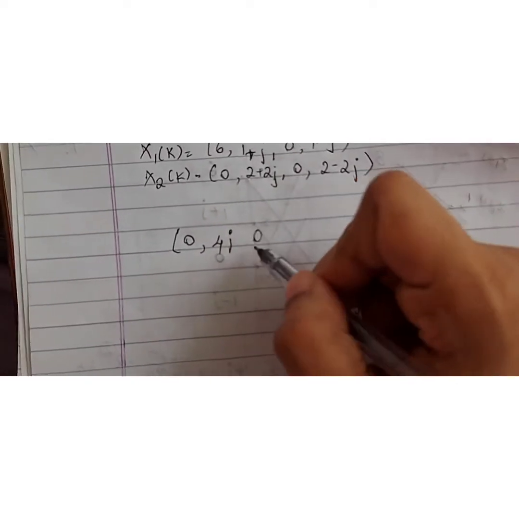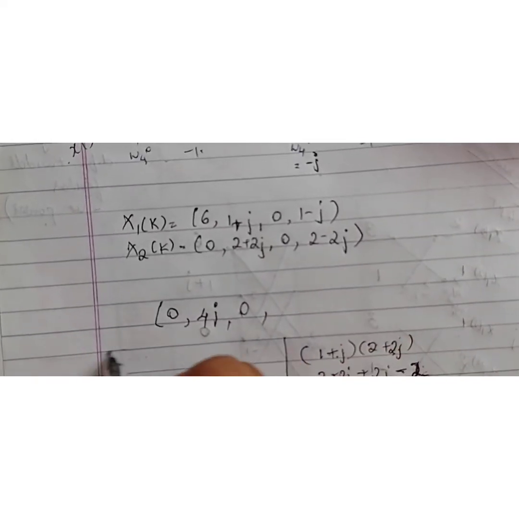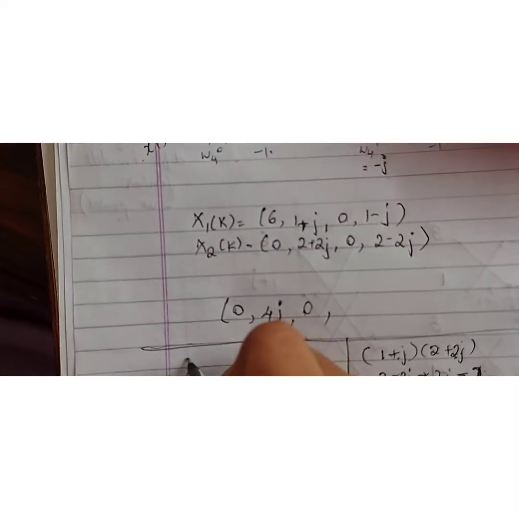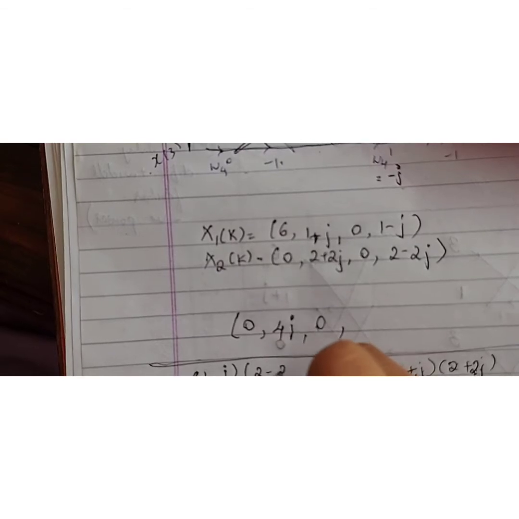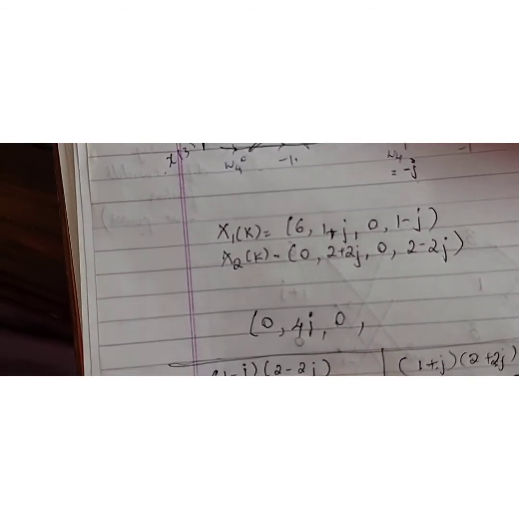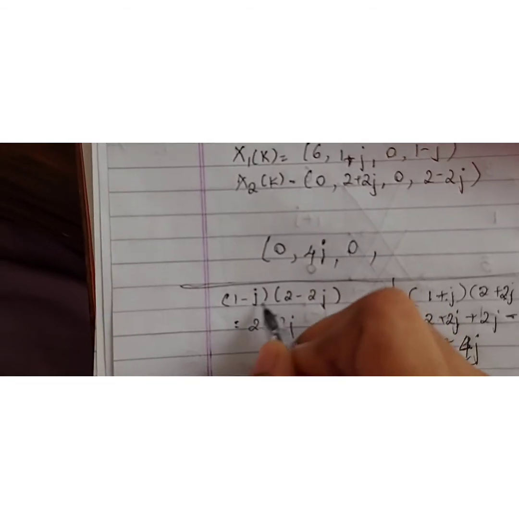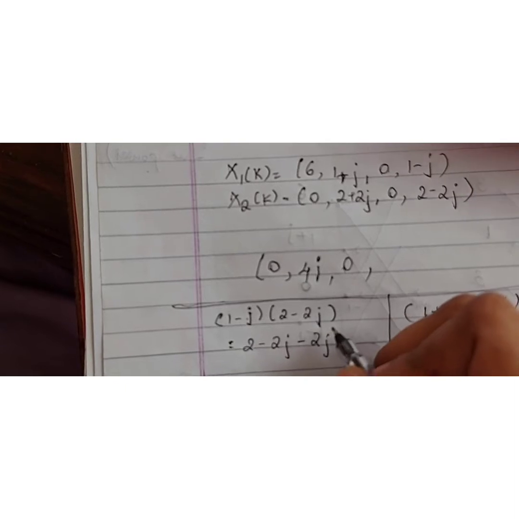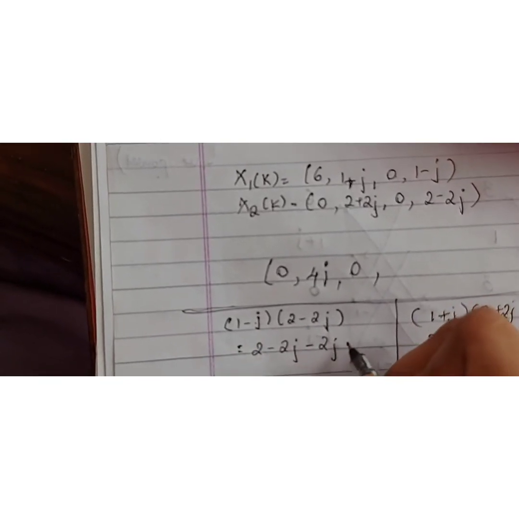Third, 0 into 0 is 0, and let us do, okay, calculations I'll show here. 1 minus j into 2 minus j into 2 minus 2j. So what is that? This is 2 minus 2j, minus j into 2 is minus 2j, minus j into minus is minus into minus plus, plus 2j square.